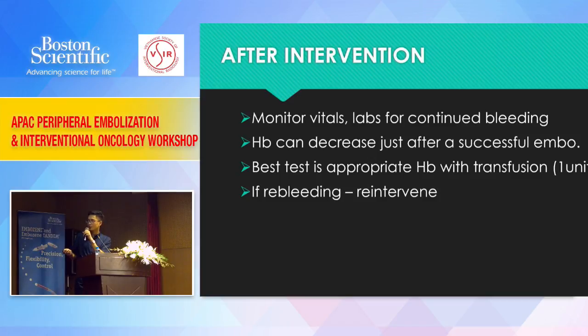When we transfuse blood and follow up the hemoglobin, it is very good to see whether there is rebleeding or not. If rebleeding, it can bleed at the point we embolized, or it can bleed at another position.